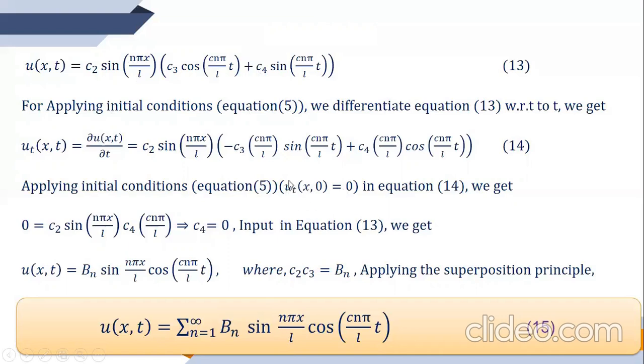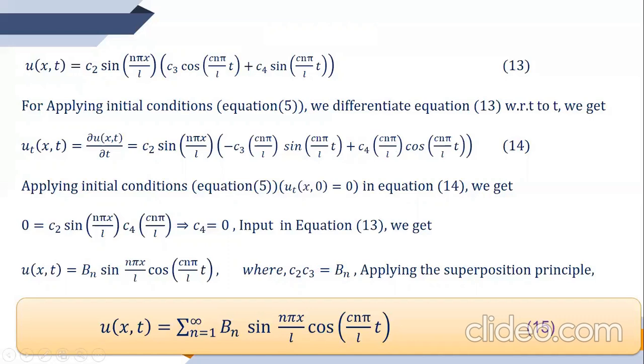So first we differentiate u(x,t) with respect to the time t. For that, we differentiate equation 13 with respect to t. We get u_t(x,t) is equal to c2 sin n pi x by L, and we differentiate the time term: minus c3 c n pi by L sin c n pi by L into t, plus c4 times the derivative of sin, which is cos, into c n pi by L. So equation 14.